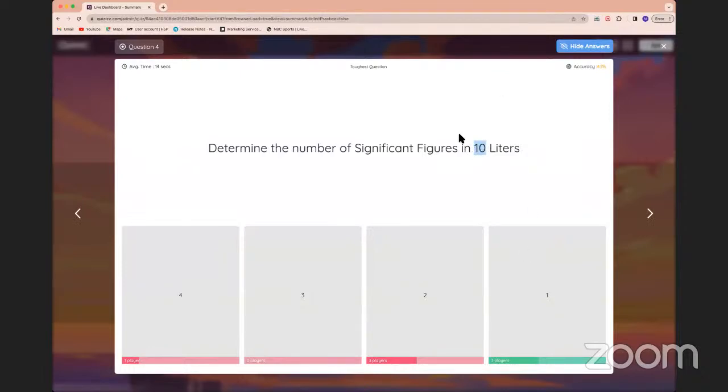So the correct answer to this number should really be 1 or 2. There may be situations where this 0 is significant. There may be instances where it's not significant as well. So the correct answer here should really be 1 significant figure or 2 significant figures, because there's no decimal point. So we don't know for sure if this 0 is significant or not.